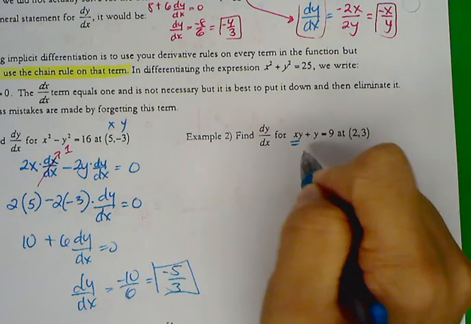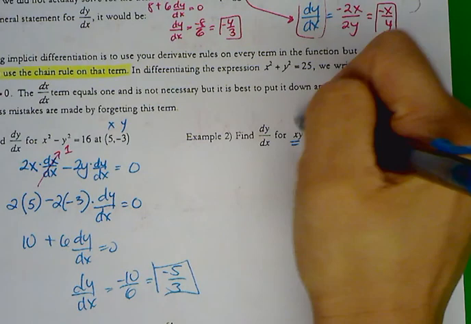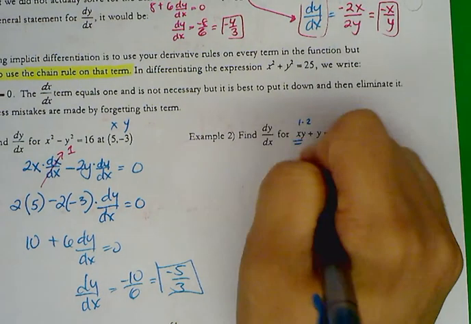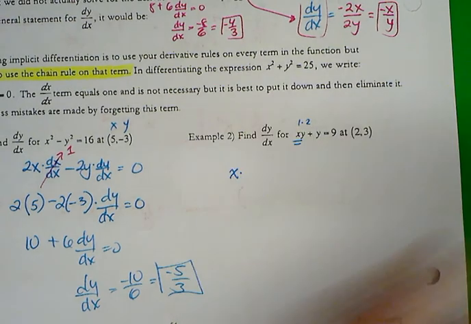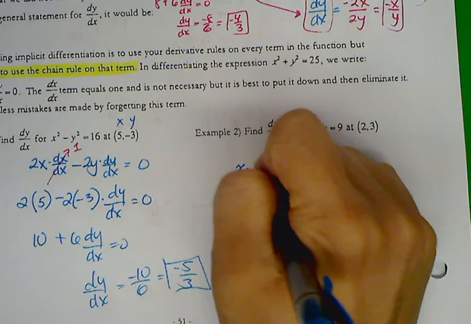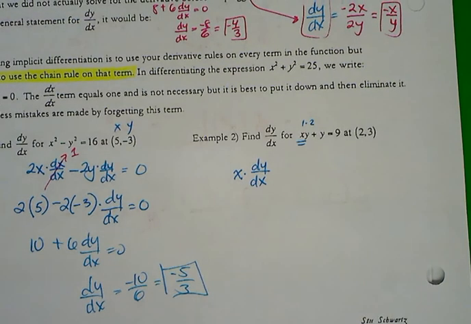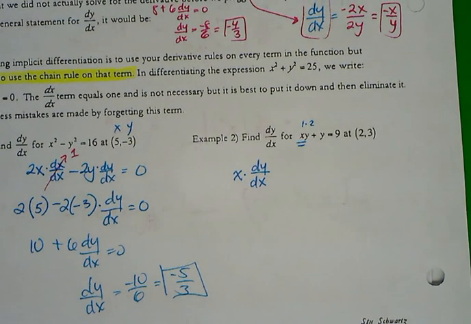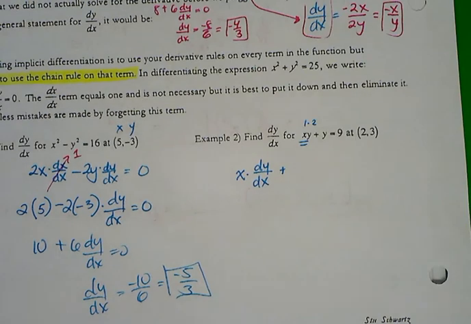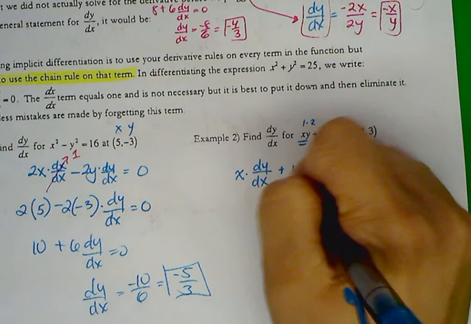It says, this is 1 and this is our 2. 1d2 plus 2d1. What's the derivative of y? 1 times dy/dx, right? 1d2 plus, what's 2? y. And what's the derivative of our 1?